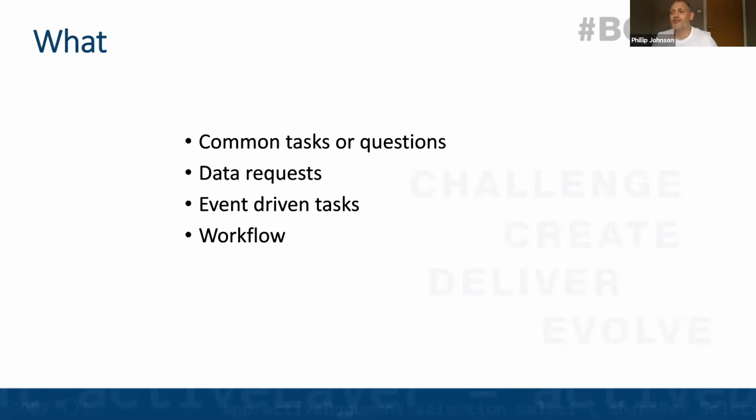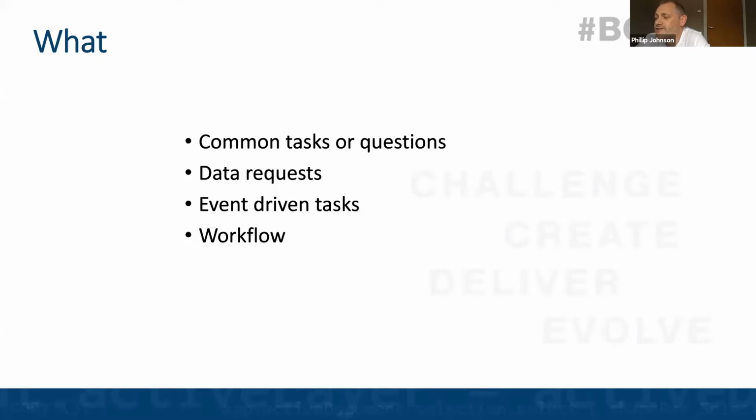For us in the insurance industry, some of the questions are things like, I've got this policy, the number is such and such, and I want to know how long it runs for. Or for car insurance policies, what are the named drivers on this policy, that type of thing. Common tasks could be deploying software, or some computer software that you run that does a process, that type of thing.